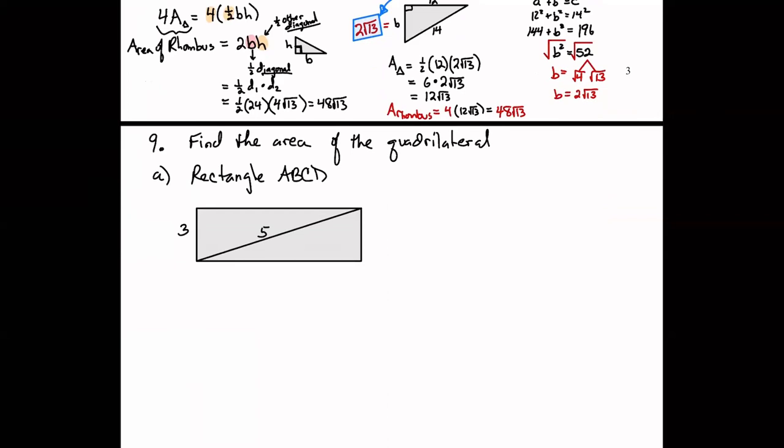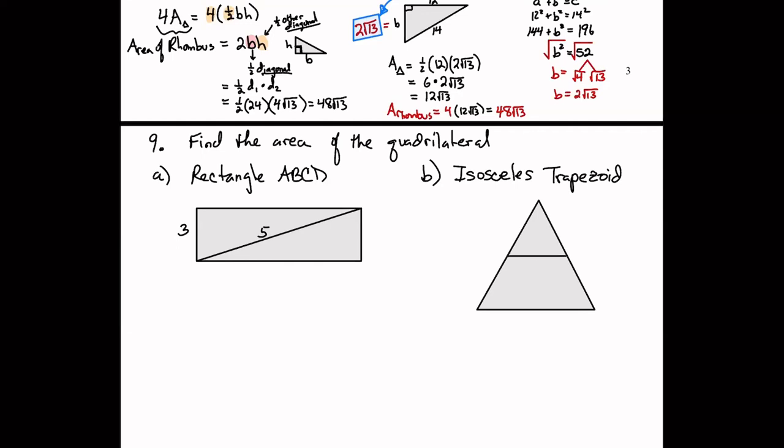Okay, then we'll say trapezoid, isosceles trapezoid. I'm going to use my strategy of drawing an isosceles triangle and chopping its head off. And even that's not perfect. Again, ABCD.